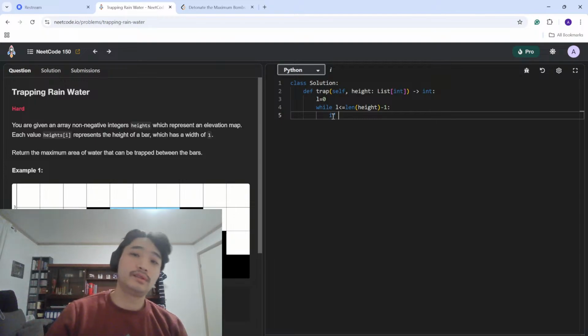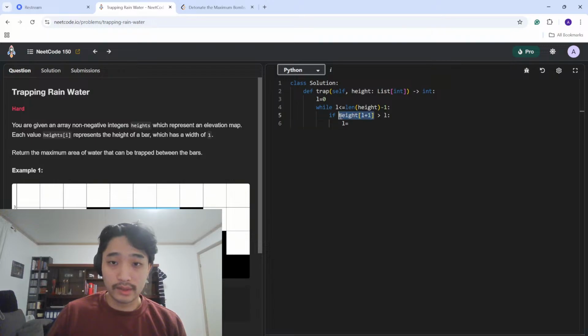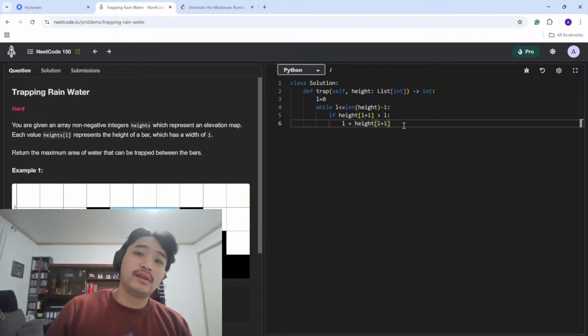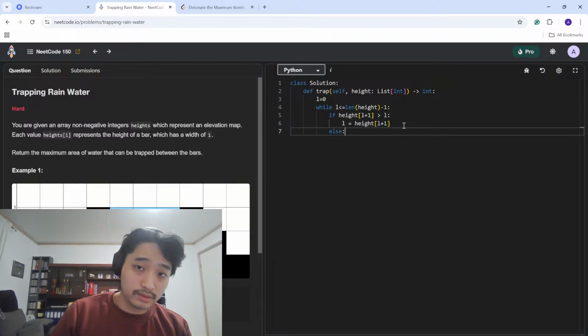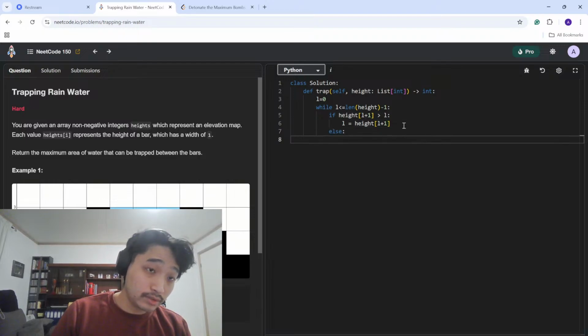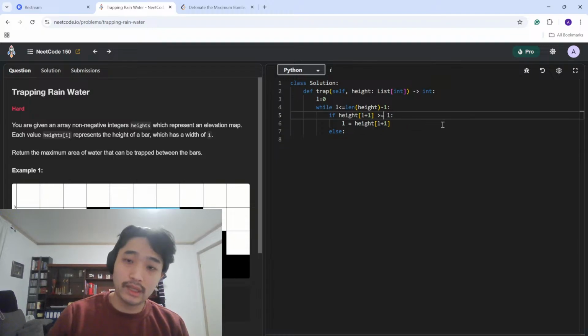If height of L plus 1 is higher than L, equals to height of... else it's not higher, it's equal, higher, equal to.